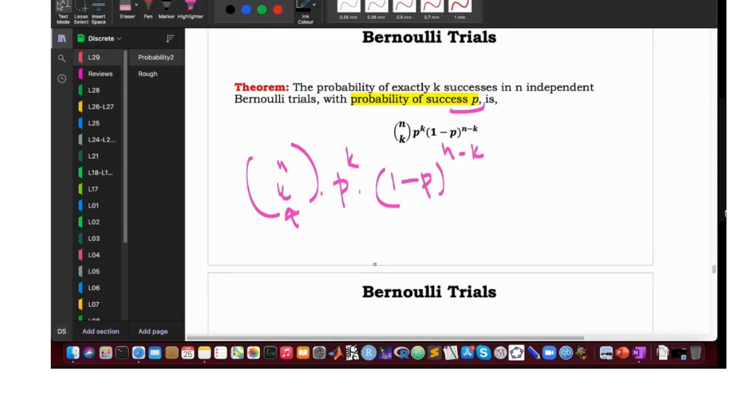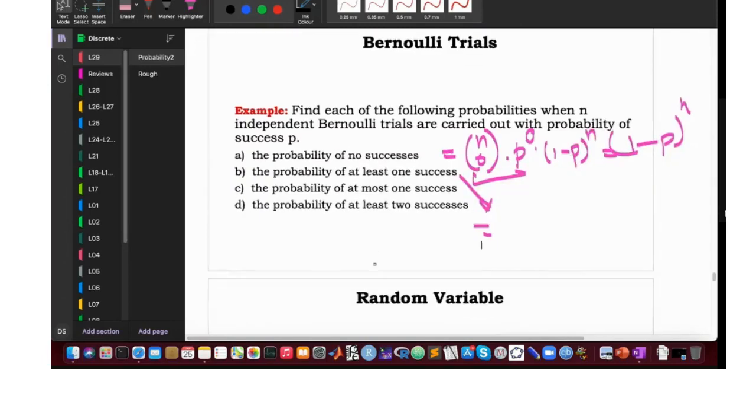Okay, someone else tell me. n times p times 1 minus p raised to n minus 1. Yes, n minus 1. So it's going to be n choose 1, which is n. It's p to the power 1, which is p, and it's 1 minus p to the power n minus 1.